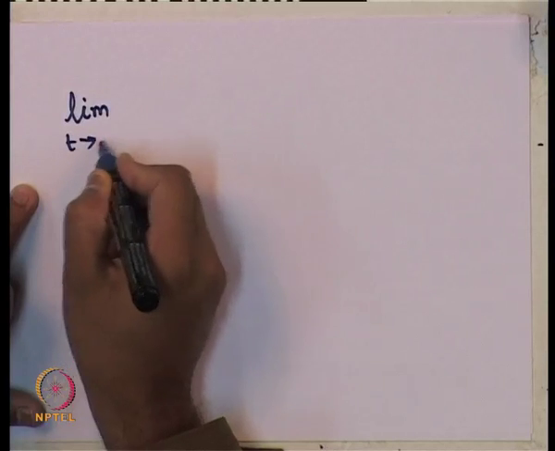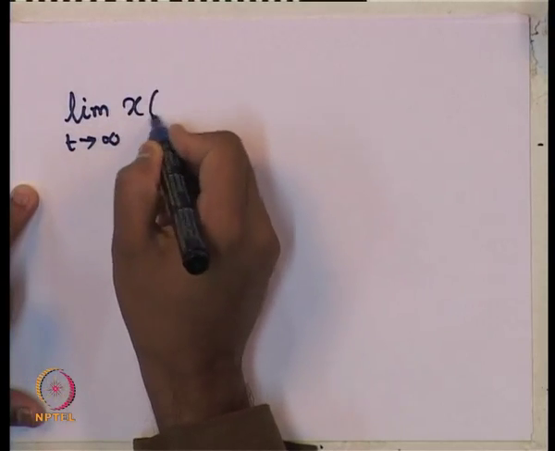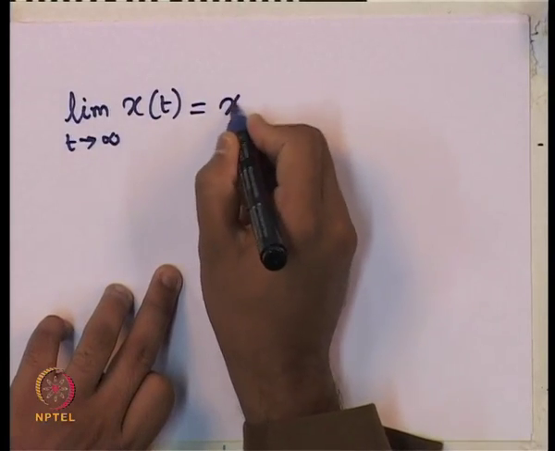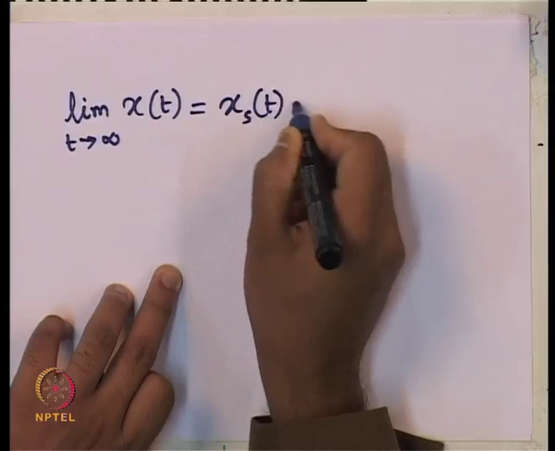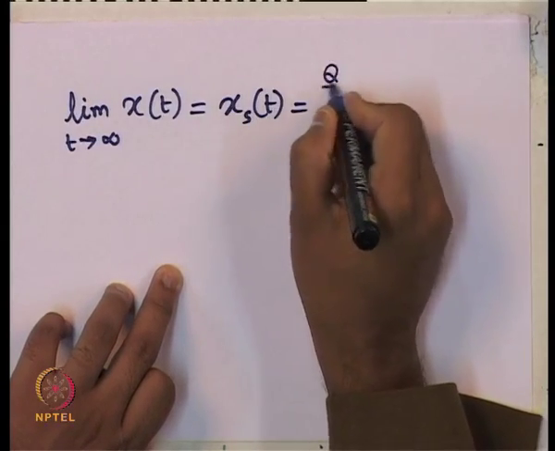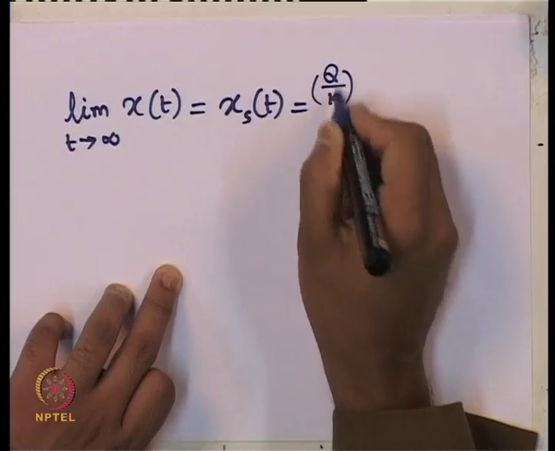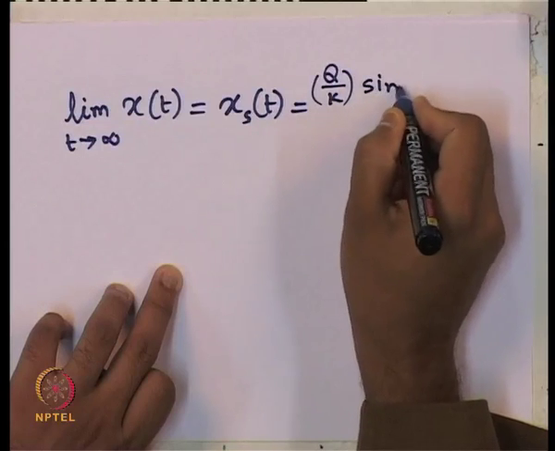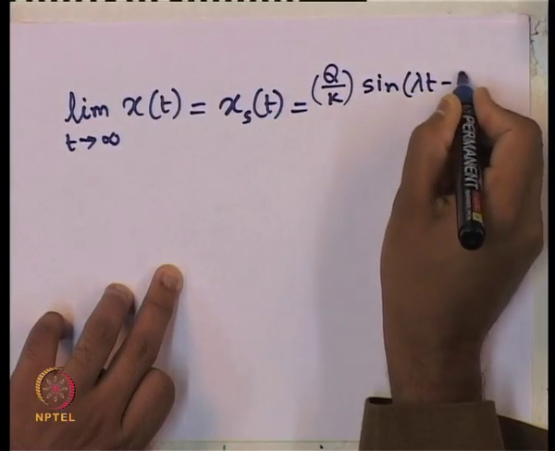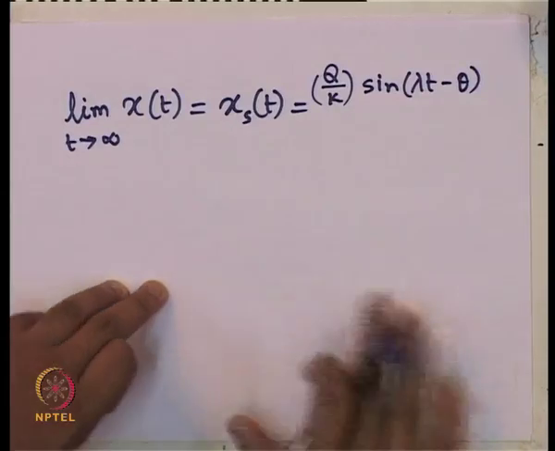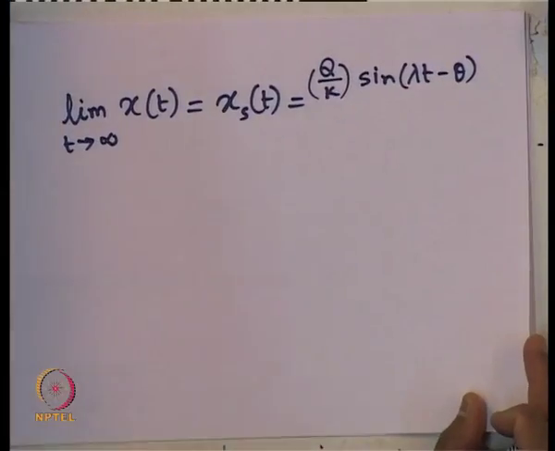So, I am writing limit when t tends to infinity, our x of t, the total dynamic response, is written as the steady state displacement, which comes out to be, earlier it was p by k, right. So, now it is q by k sin of lambda t minus theta. Earlier we had taken the cosine function harmonic, now it is a sine function. So, it will be sin of lambda t minus theta.